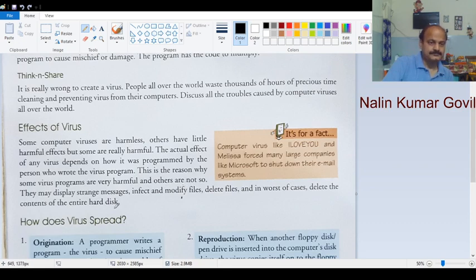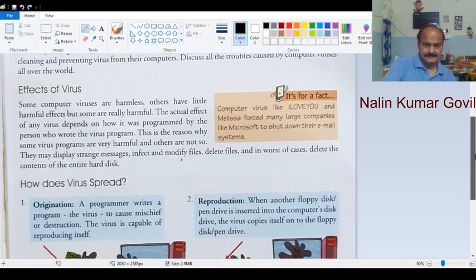Some viruses are not harmful, some are a little harmful, but some are really very harmful for our computer system. Clear? So there are three varieties of viruses.